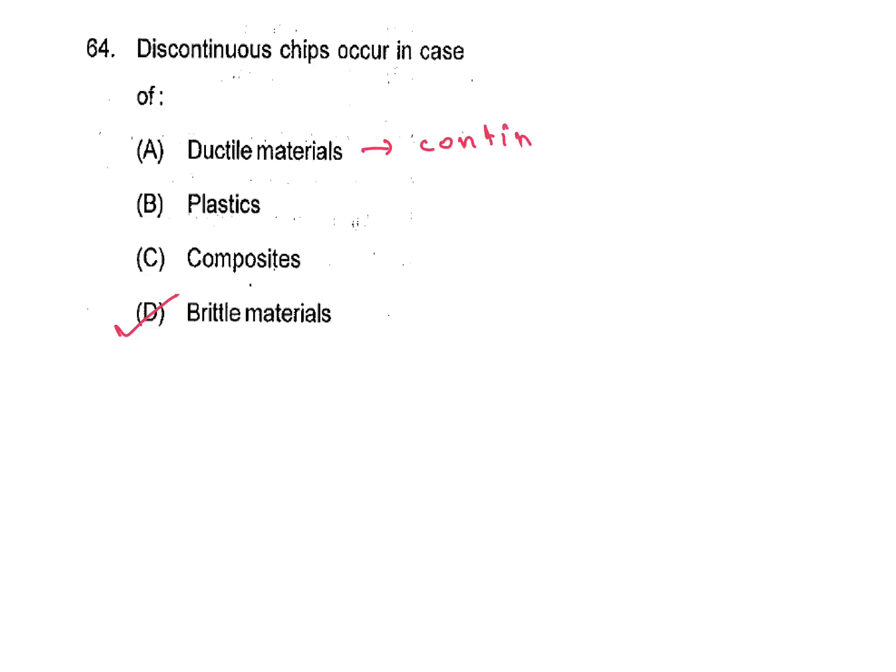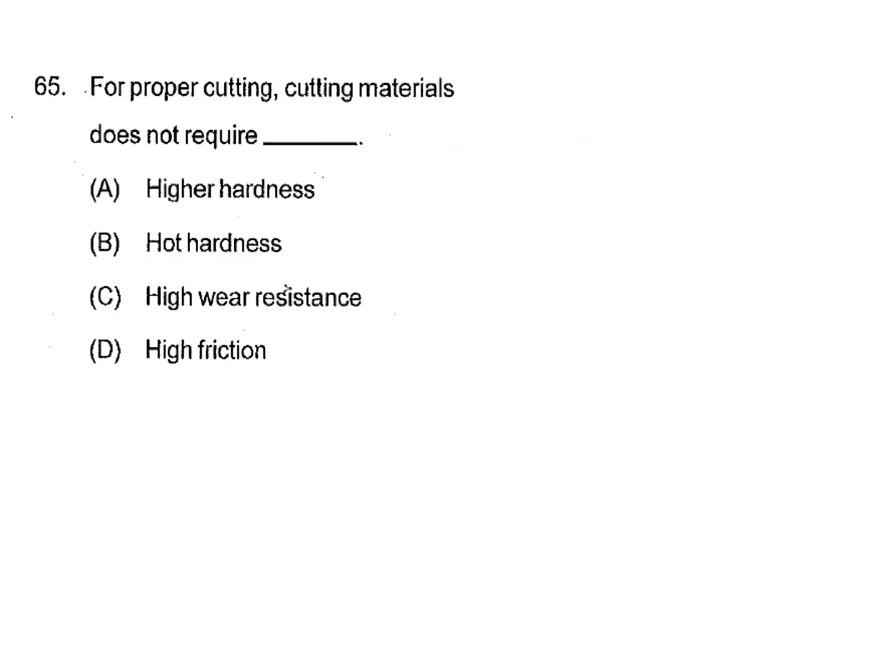For proper cutting, cutting material does not require A, higher hardness; B, hot hardness; C, high wear resistance; D, higher friction. Does not require, so high friction is not required. D is our answer.